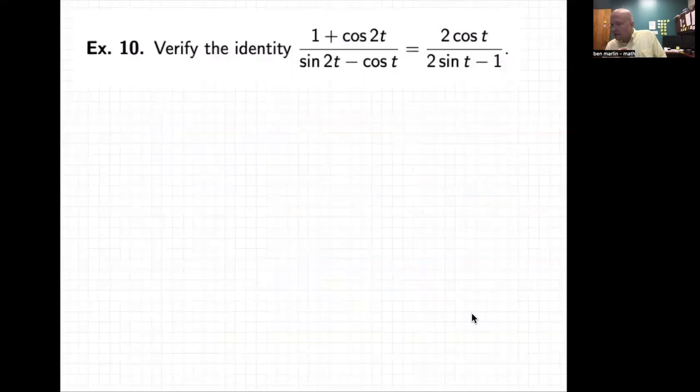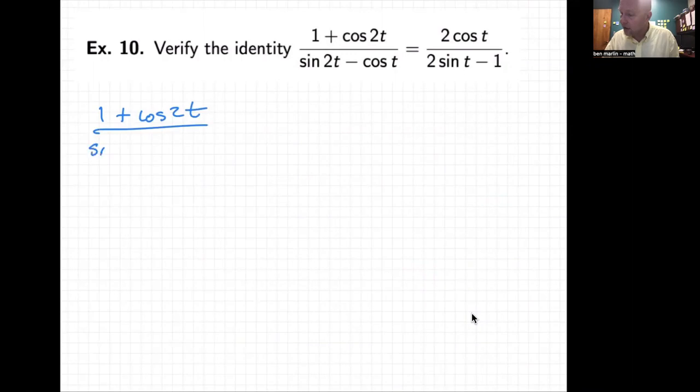Okay, another verify. And the trick is going to be figuring out which side to start with. I'm going to start with this side because I know something I can do to these, and I don't know anything I can do to those. So I'll write 1 plus cosine 2t over sine 2t minus cosine t.